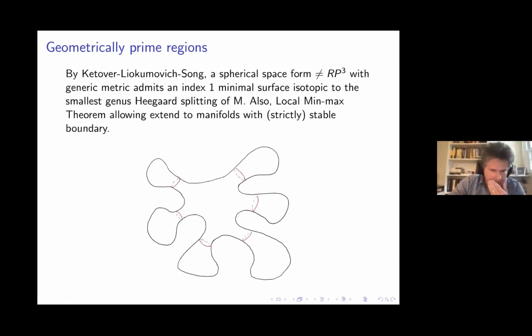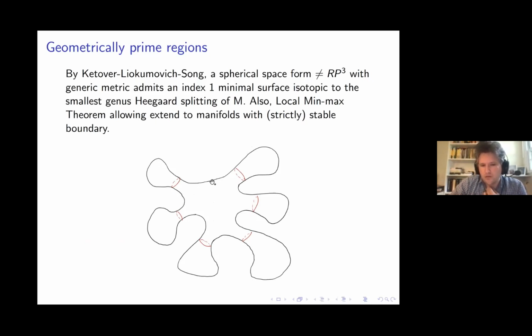So the idea is basically, let's say that this is our manifold, and on the first step I look for stable minimal surfaces, and basically what I find is a bunch of disconnected minimal two-spheres. And now I have these pieces, right? And these are manifolds with boundary now, and the boundary are stable minimal two-spheres.